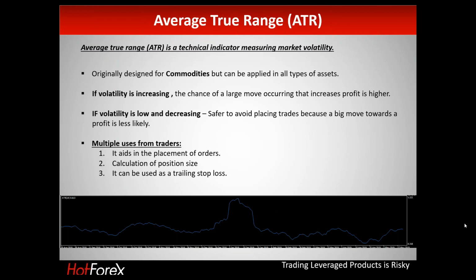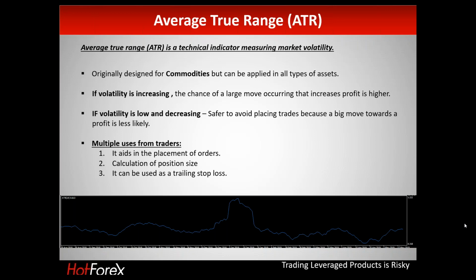As I was saying, the average true range was originally developed for commodities, but we can use it in stocks, indices, and currencies. Simply put, it shows an asset experiencing a very high level of volatility.